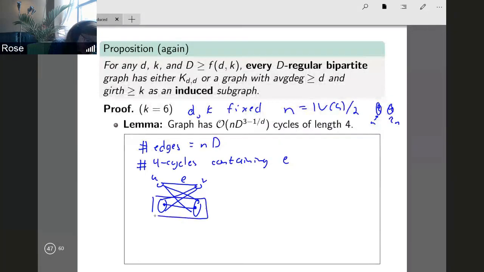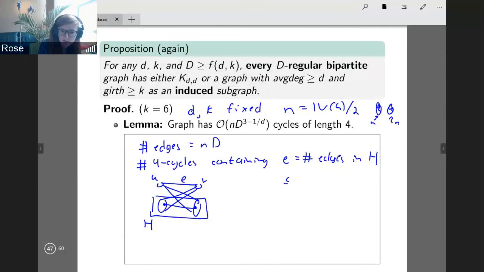If we look at this graph H between the neighbors of u and the neighbors of v, then the number of 4-cycles containing e is equal to the number of edges in H. By the Kővári–Sós–Turán theorem, since there are about D vertices on each side of H, that is O(D^{2−1/d}), assuming there is no K_{d,d}.